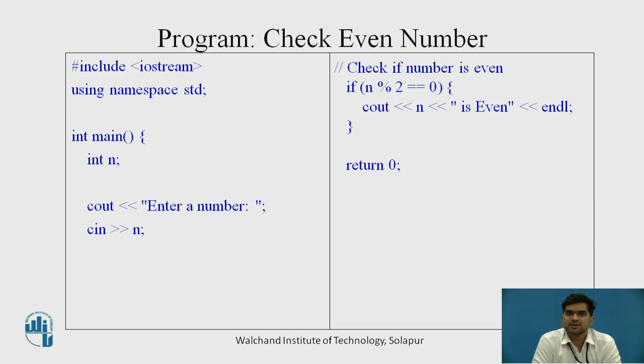Like this, we can check whether a number is even by using this simple program. If the number is not modulus of 2, then we do not get any output. Okay, so this is an example for checking whether a number is even.